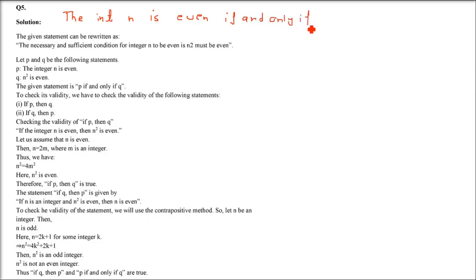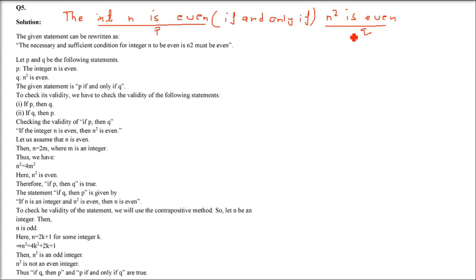So the necessary and sufficient condition for integer n to be even is that n square must be even. You can extract two component statements from this compound statement. The first one is the integer n is even. The second one is n square is even. So now you have P and Q, two separate statements from this compound statement.